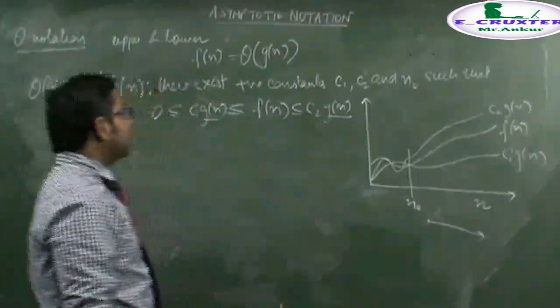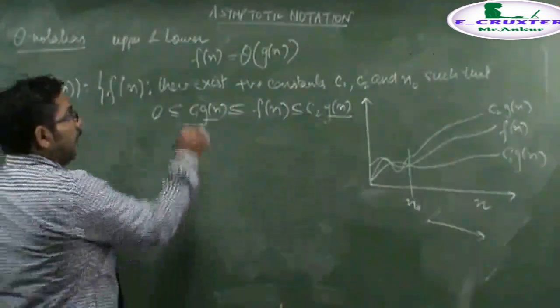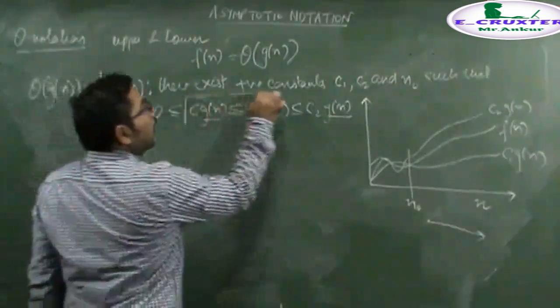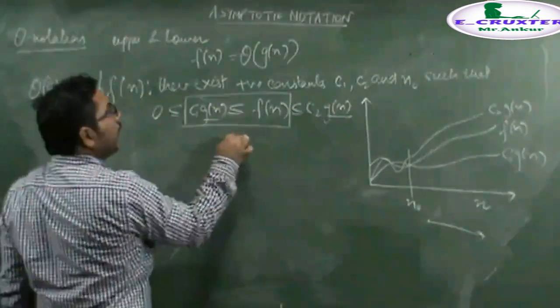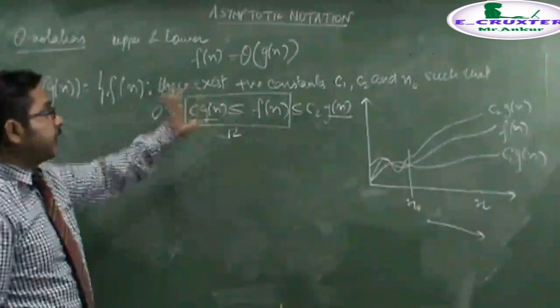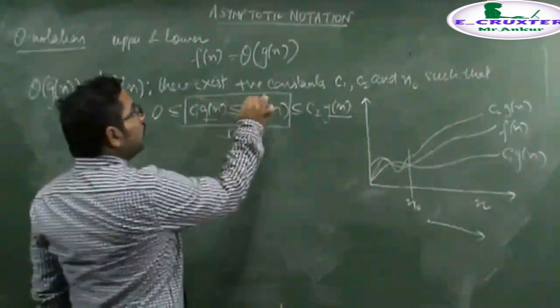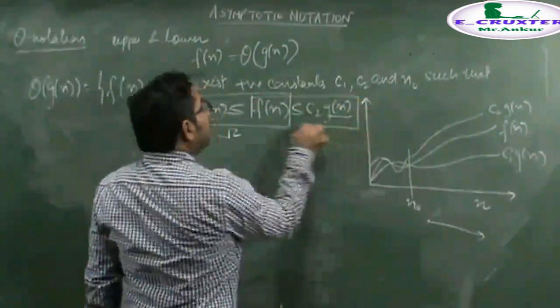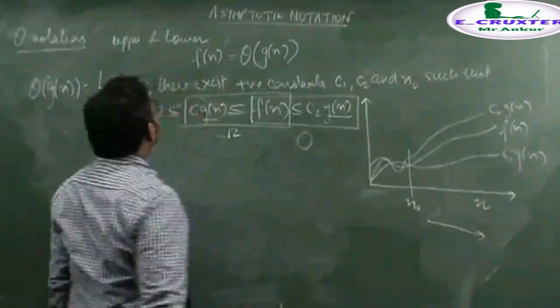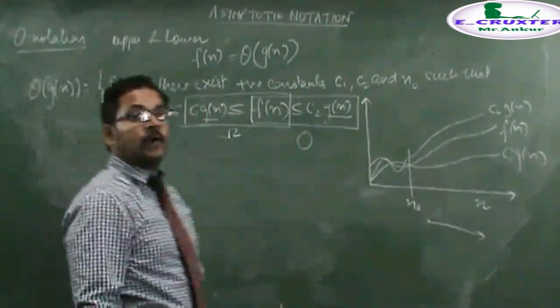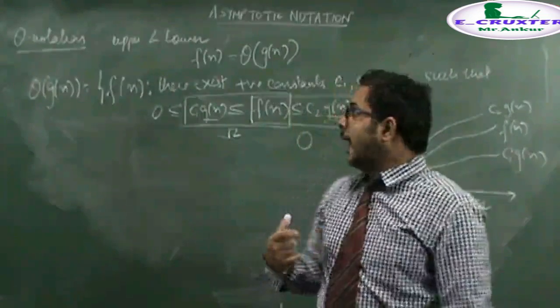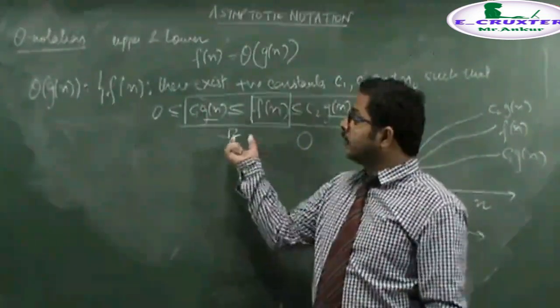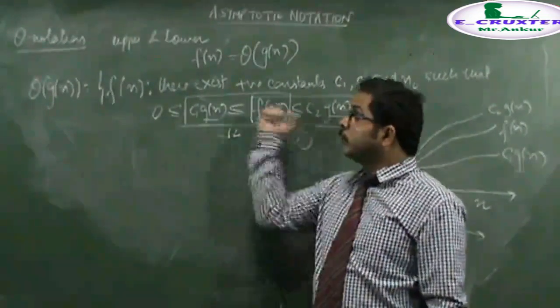That is, this portion is basically the omega, where the g(n) function is acting as a lower bound. And this portion is basically the big O. That is, theta notation is covering the lower bound as well as the upper bound, both the omega and big O notation.